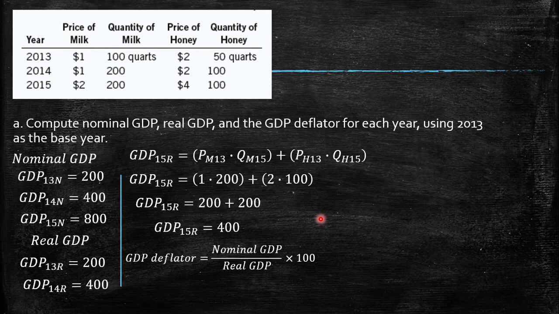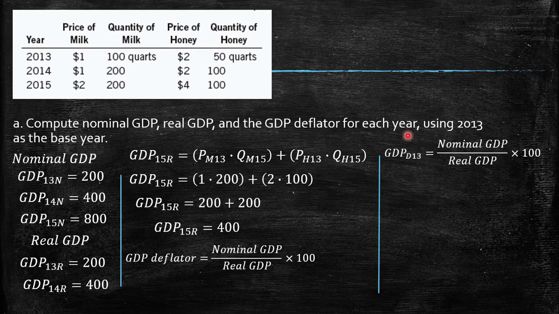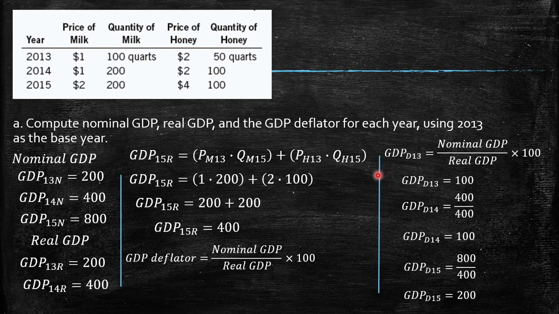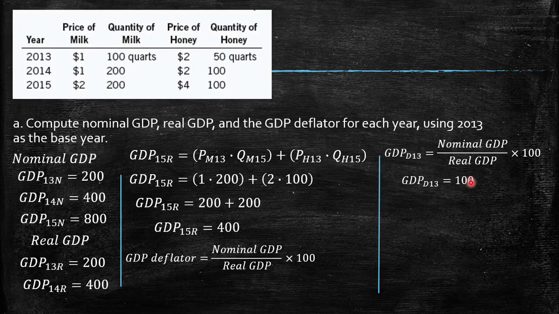So then we already have nominal and real, and then we are going to talk about the deflator. The equation of the deflator is the nominal GDP over real GDP for that year, times 100. The GDP deflator for 2013 is exactly equal to 100. Why?